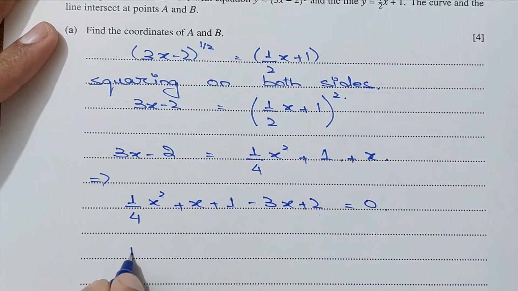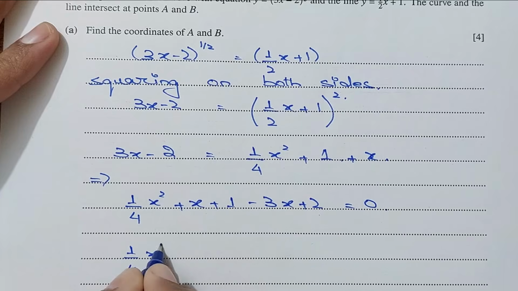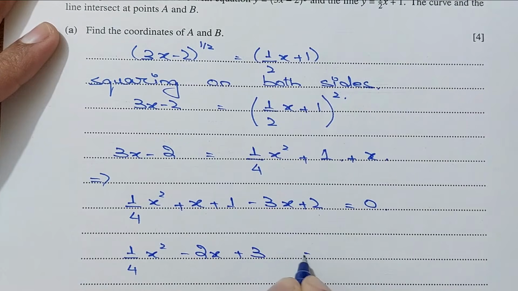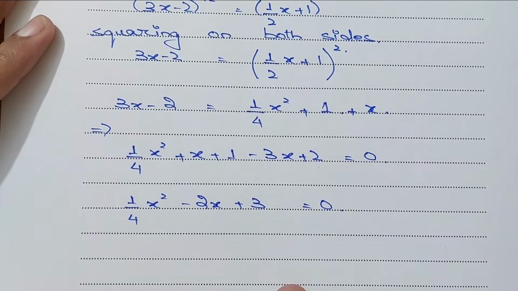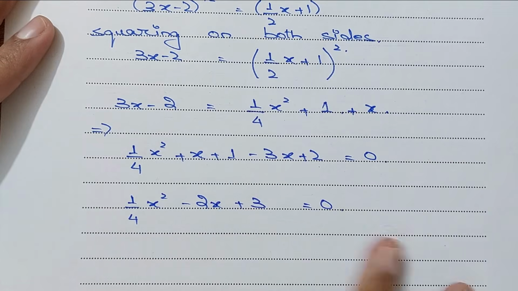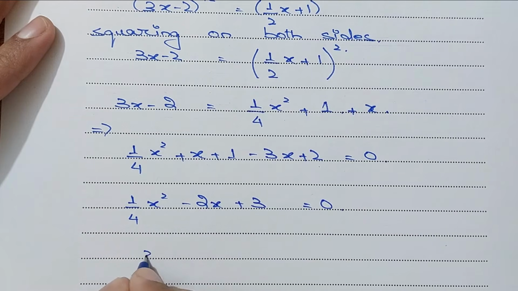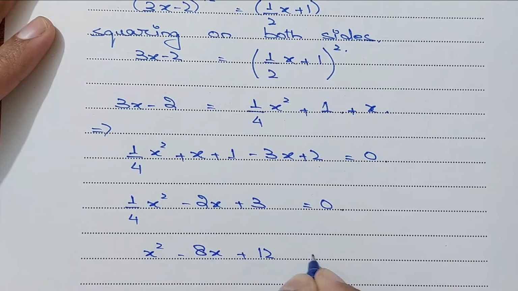Simplifying the like terms, the x square term is just 1 by 4 x square, the x term is x minus 3x which is minus 2x, and 1 plus 2 is just 3. This equals 0. Now let me multiply both sides of the equation by 4. So we have x square minus 8x plus 12 equals 0.